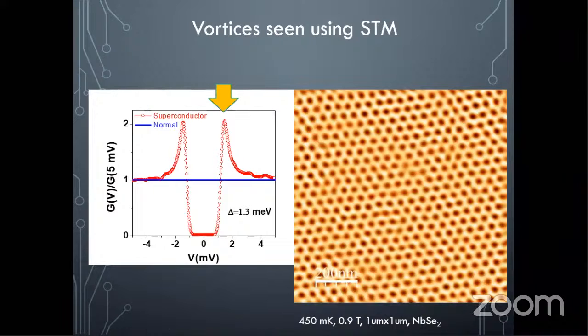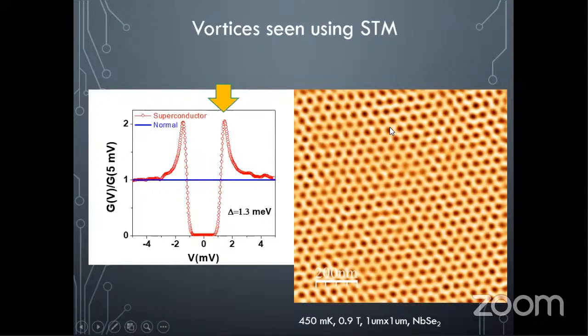So if one measures the differential conductance over the sample surface in the presence of a magnetic field for a type 2 superconductor in the mixed state, then the vortices, which have a normal metallic core, will have a lower value of differential conductance, which are shown in these brown points here. The brown points are the vortices where we have a normal metallic core, so they're dark.